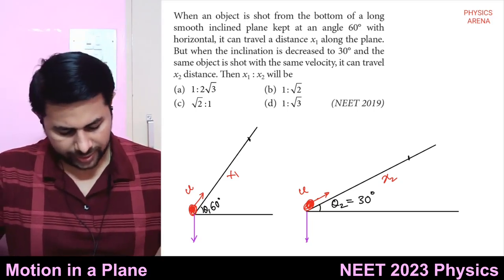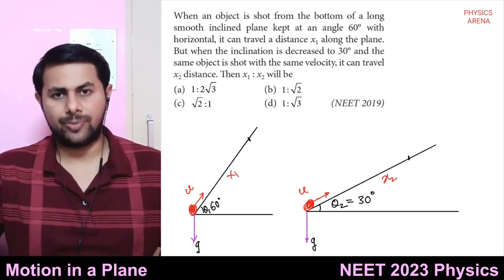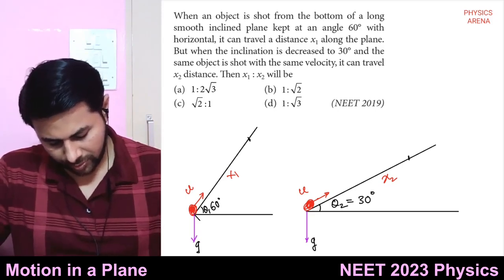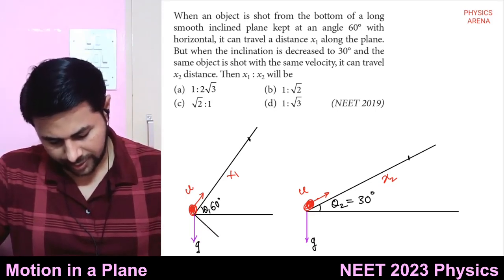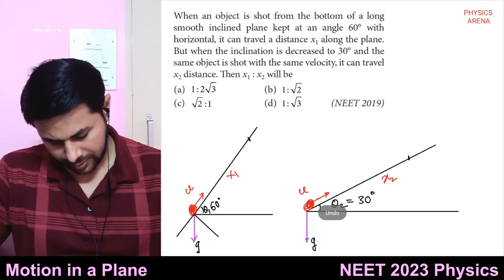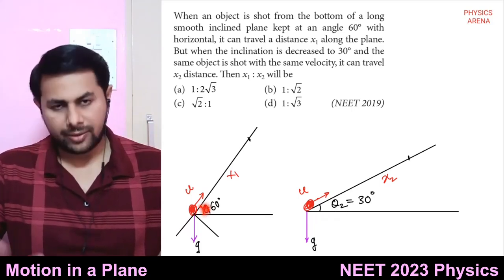So what you can do is resolve this g into two perpendicular components like this. This angle is theta 1.